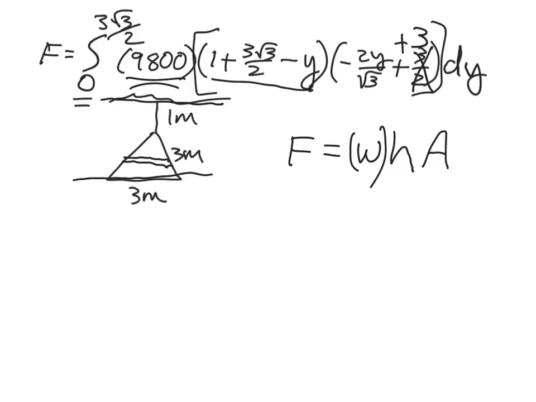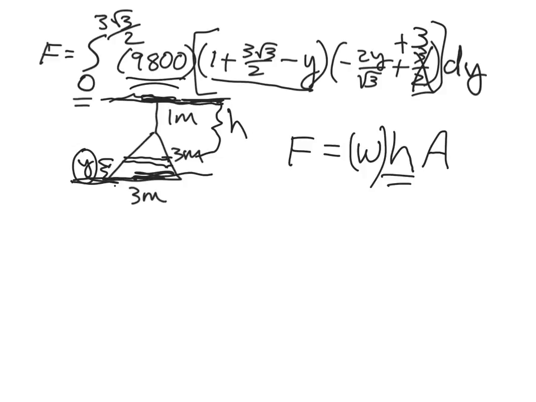The depth is always from the surface of the water down to where our slice is. And in this case, we're saying this is our y value, so the depth is all of this minus our y value. Yeah. So that's how we get our depth.